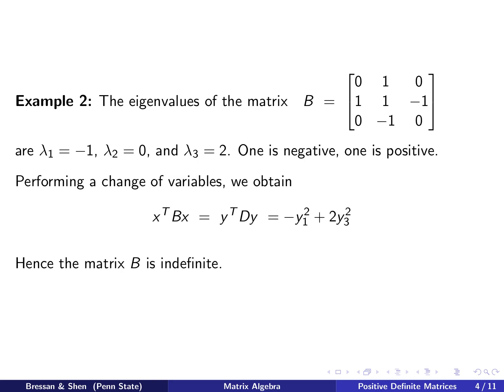Again, performing a change of variable, x transpose Bx, the quadratic form, can be written as y transpose D y, where D is a diagonal matrix with negative 1, 0, and 2. If you write out the quadratic form, it takes this form. Then we see that for certain y's, this expression can be negative, and for certain y's, it can be positive, and therefore the matrix B is indefinite.